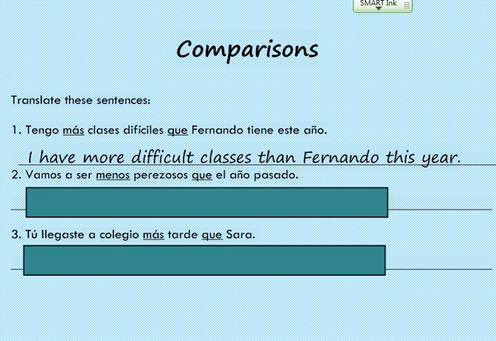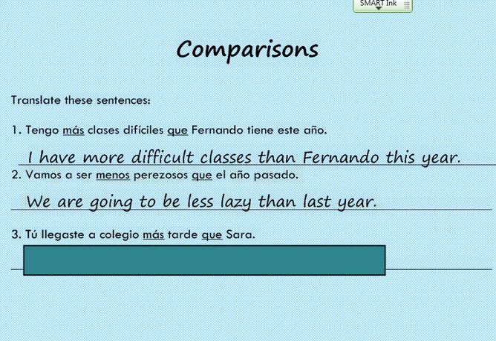Okay, let's see how you did. As we go through each one, be sure to correct your answers as necessary using pen rather than erasing what you originally wrote. Número 2, vamos a ser menos perezosos que el año pasado. We are going to be less lazy than last year. Tú llegaste al colegio más tarde que Sara.